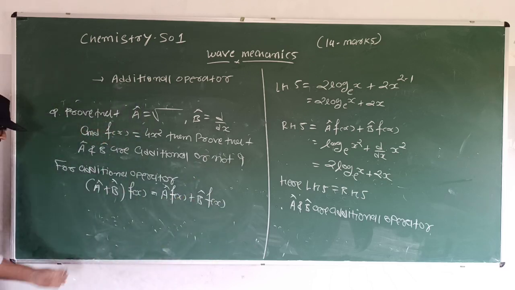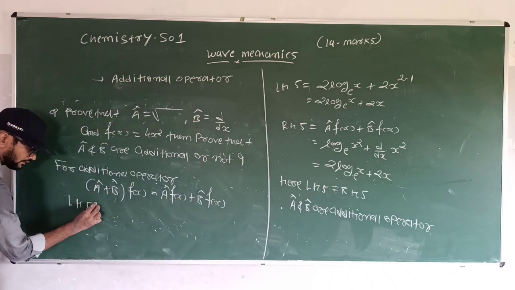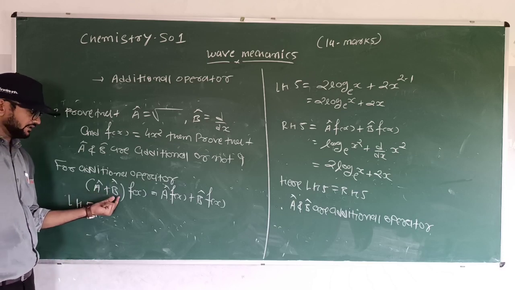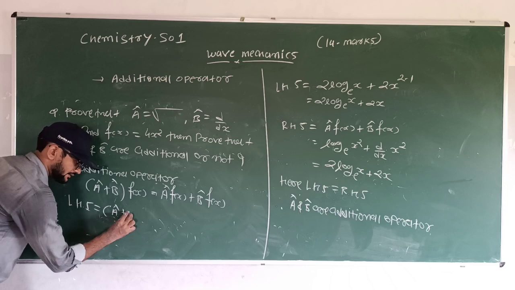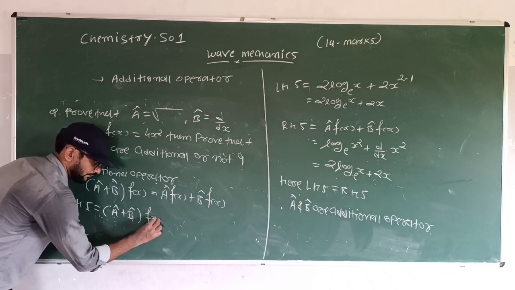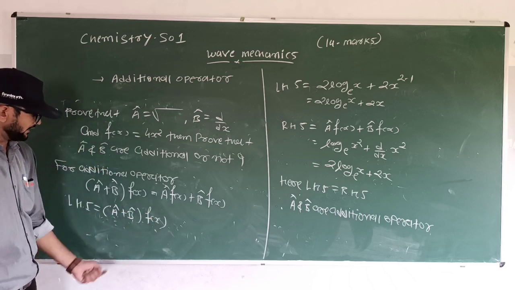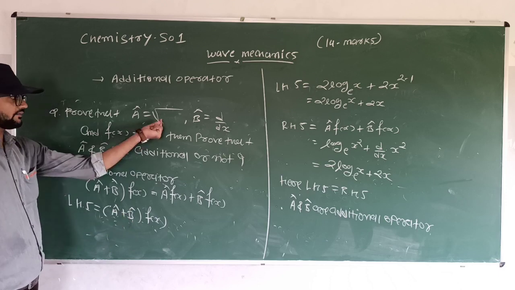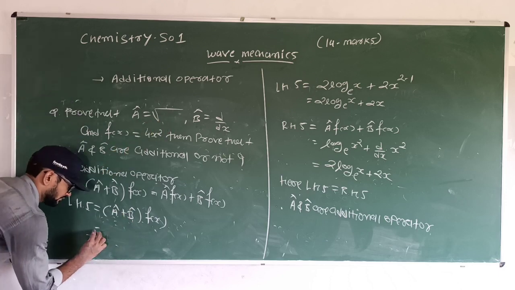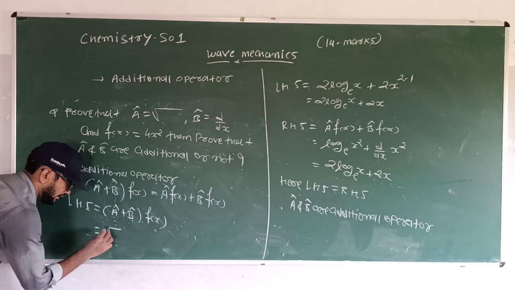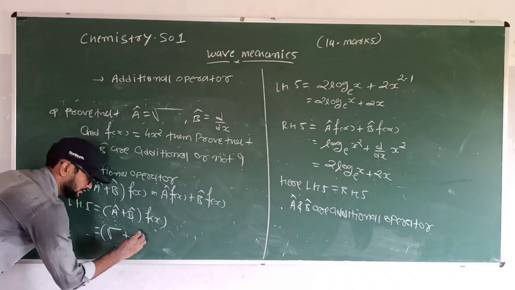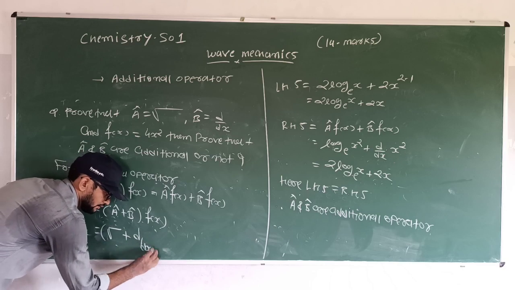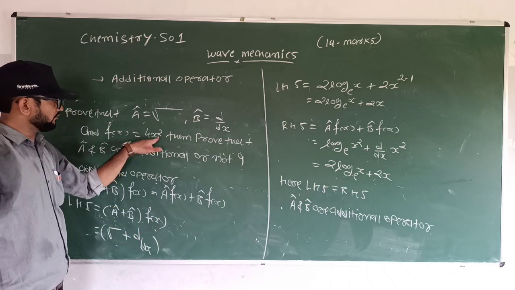So the value of LHS is equal to (A cap plus B cap) f(x). Now put the values of A cap and B cap. A cap is equal to under root, plus B cap is d/dx, and f(x) is equal to 4x squared.